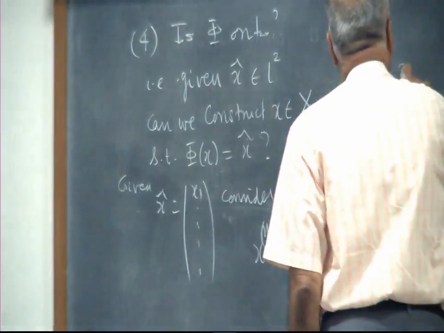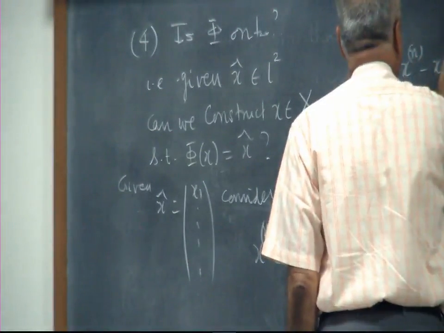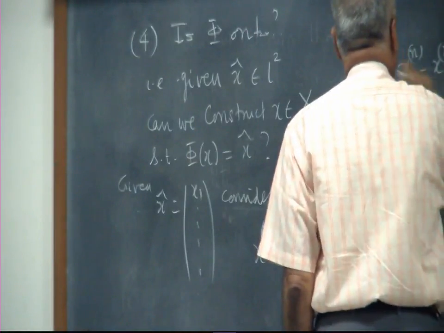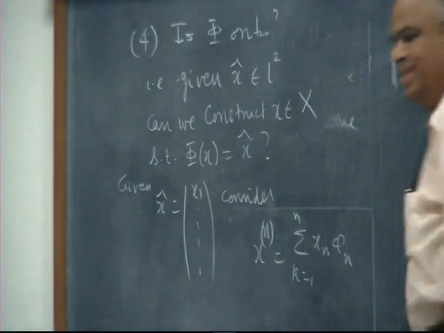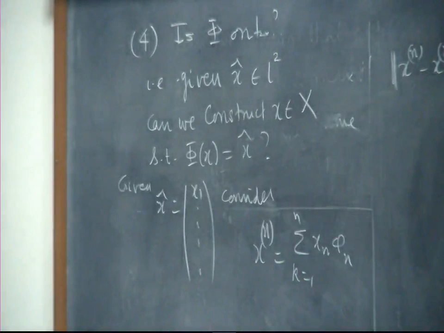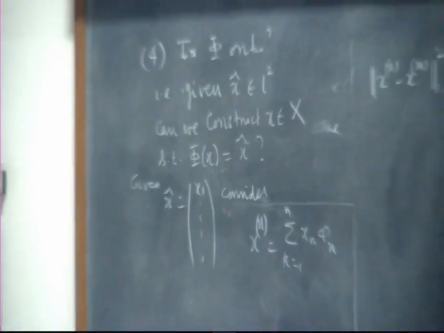Now, what is the norm squared of x_n minus x_m? Obviously, if you write the inner product of x_n minus x_m with itself, all the cross terms will be 0 because the phi_n's are orthonormal.